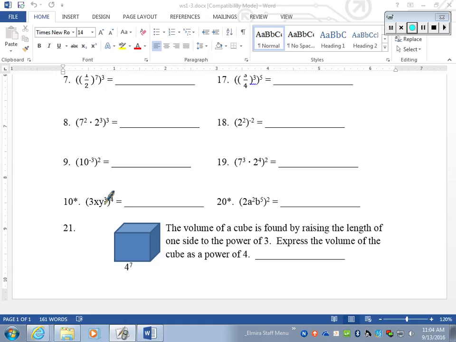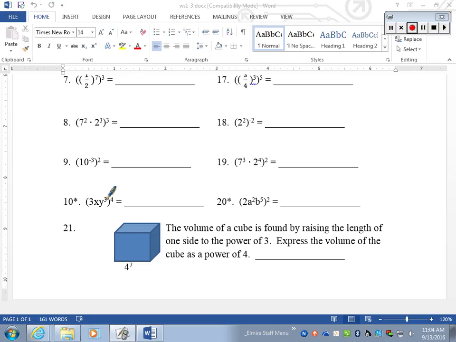So, just like we did up above, we're going to have our 3 bases, and we're going to multiply 4 times 1, 4 times 1, and 4 times 3. That's all the hint I'm going to give you. This is not the answer yet. But just because it's a letter doesn't mean that you do anything different.